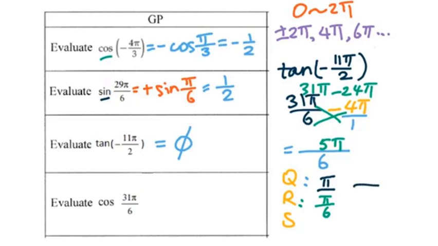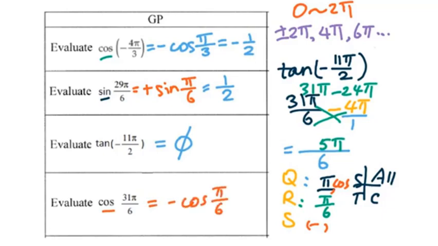Then we go to All Students Take Calculus. I'm looking for cosine. Cosine in the second quadrant is negative. That's why we get negative cosine pi over 6. That means negative square root of 3 over 2.